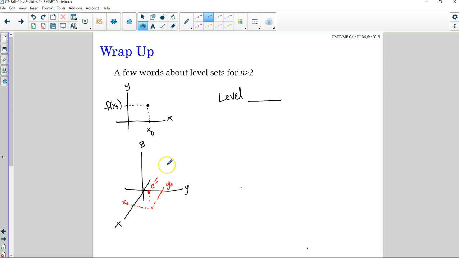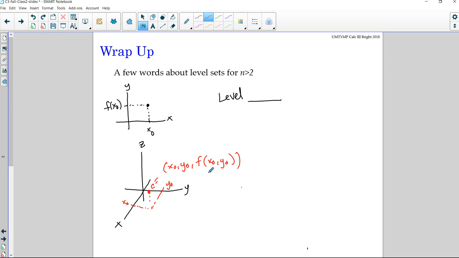We can think of that as the point x naught, y naught, f of x naught, y naught. That's a general point in 3 dimensions, but when we were talking about level sets, we were looking at all of the points where the height was fixed, equal to this defined value of z.